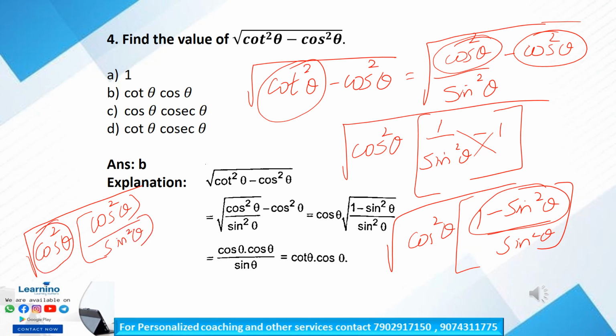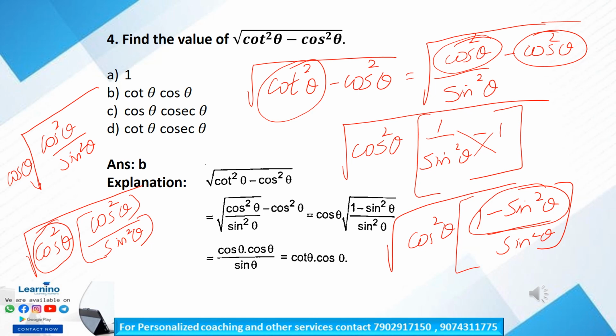So taking this cos square theta outside the square root, we will get cos theta root of cos square theta by sine square theta. Is it right? That is, taking cos square theta outside the root, we will get cos theta into root of cos square theta by sine square theta.